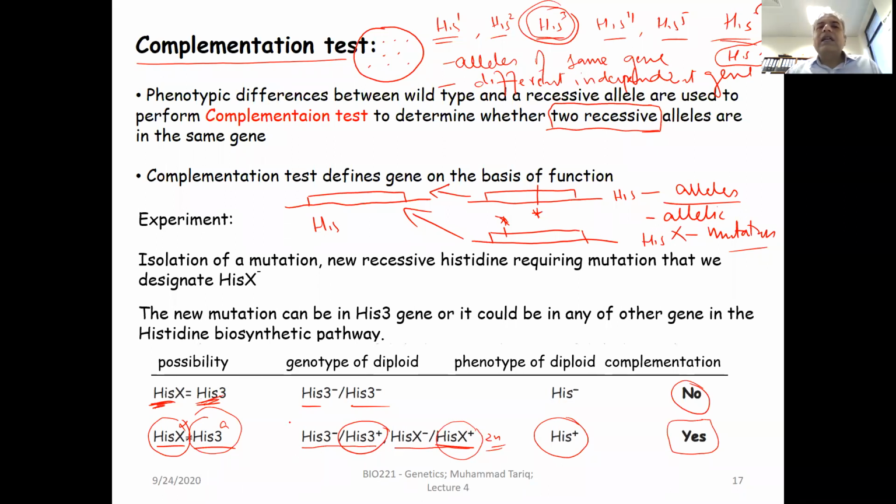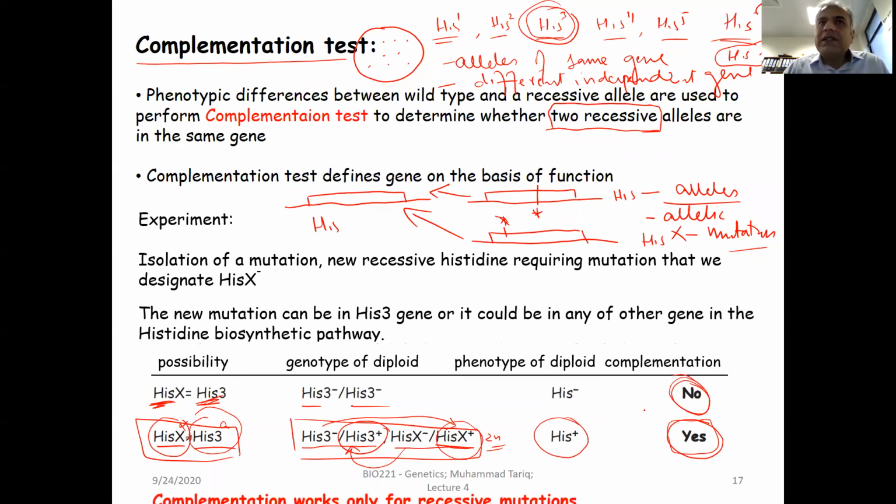Here, his 3 mutant has provided a wild type copy of his X, and his X mutant has provided a wild type copy of his 3, because they are not in the same gene. They are not alleles of the same gene. They are non-allelic. So we call this complementation taking place. Here we say they are allelic mutations, so there is no complementation.